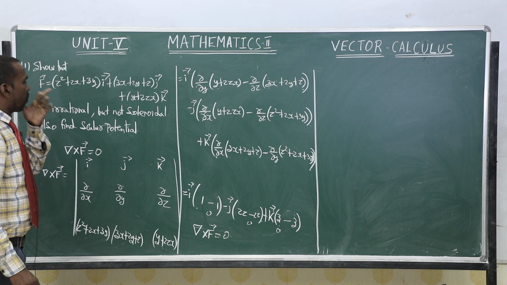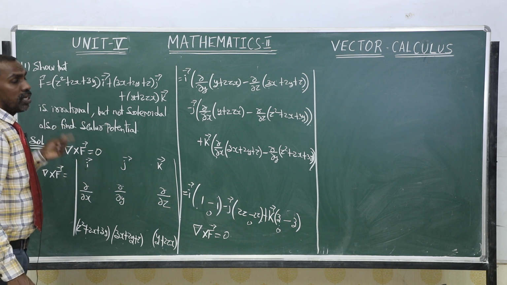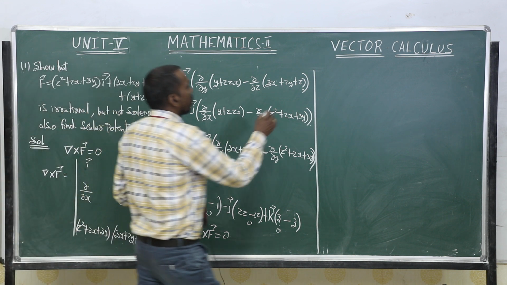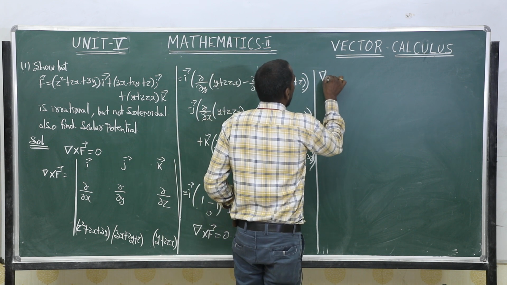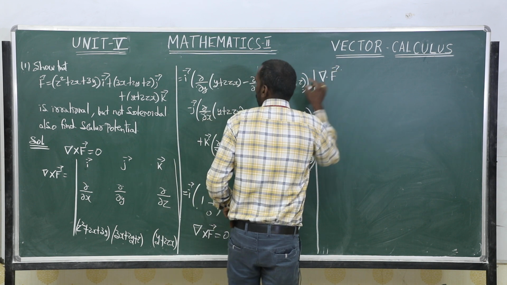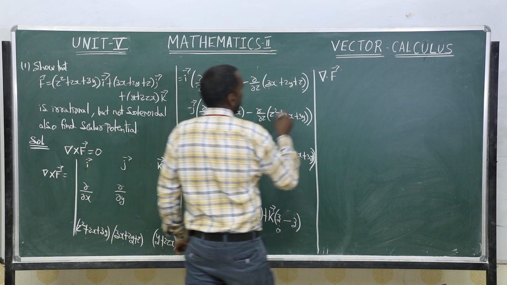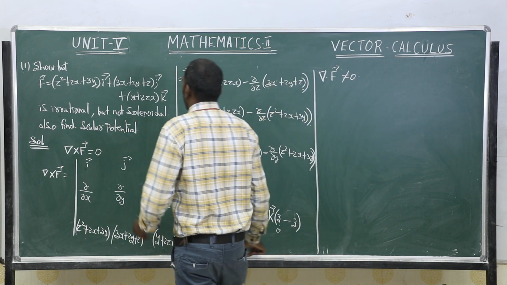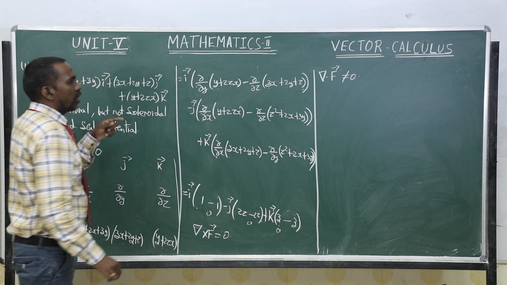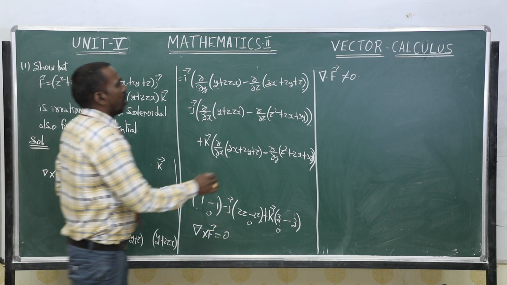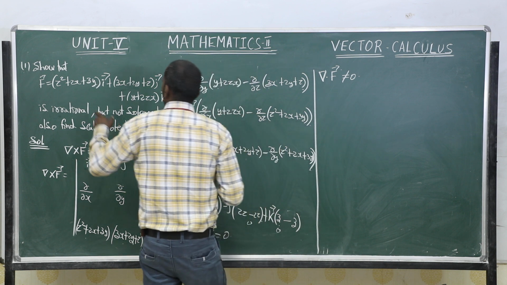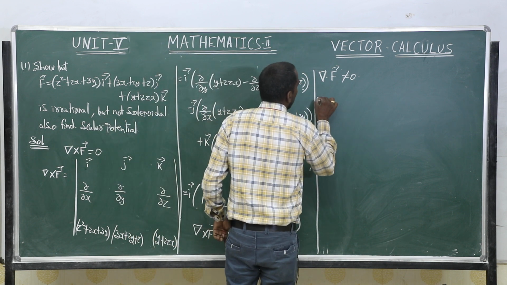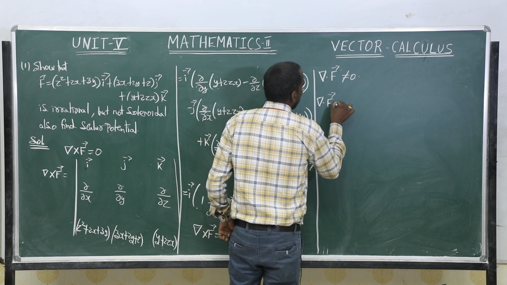What do we have to find next? It is not solenoidal. We have to find del dot F vector, and prove it is not solenoidal, so del dot F is not equal to 0. If solenoidal it would be 0, but we have to prove it is not. How do we find del dot F?